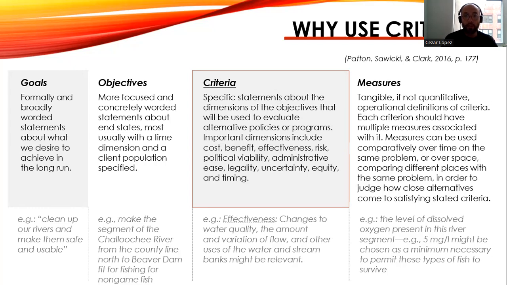Criteria. Specific statements about the dimension of the objectives that will be used to evaluate alternative policies or programs. Important dimensions include cost, benefit, effectiveness, risk, political viability, administrative ease, legality, uncertainty, equity, and timing.